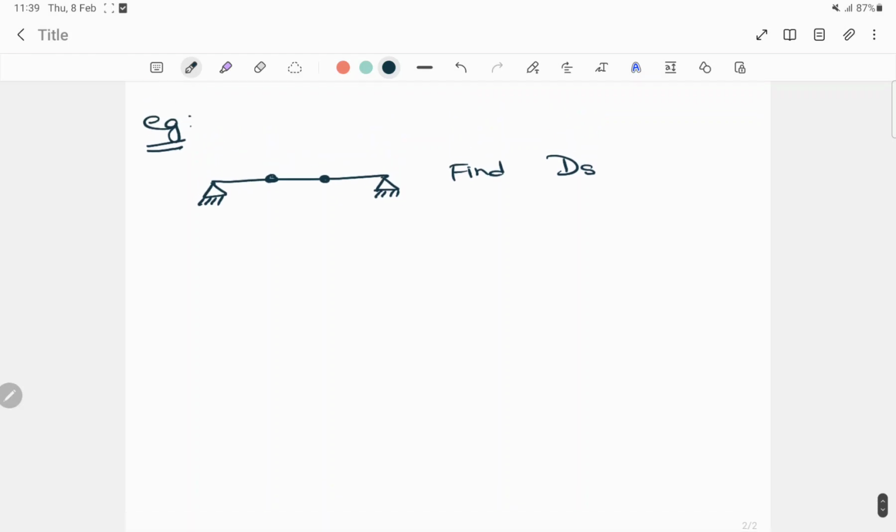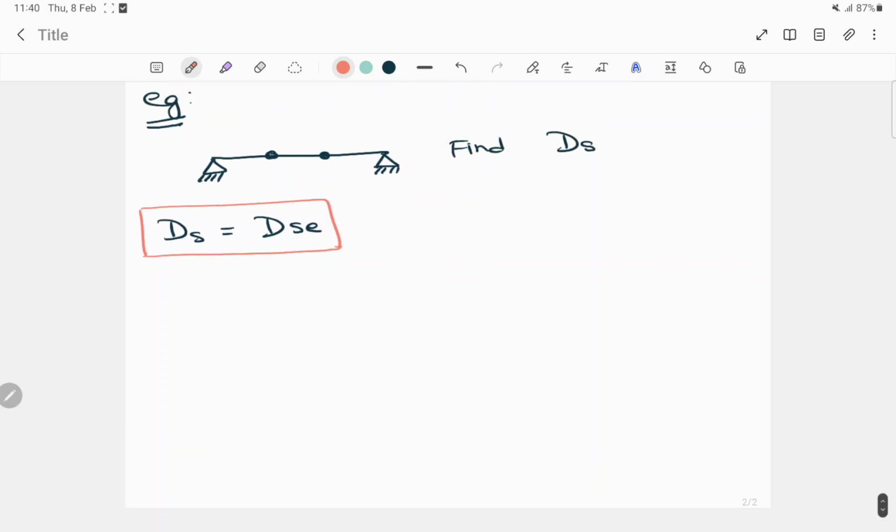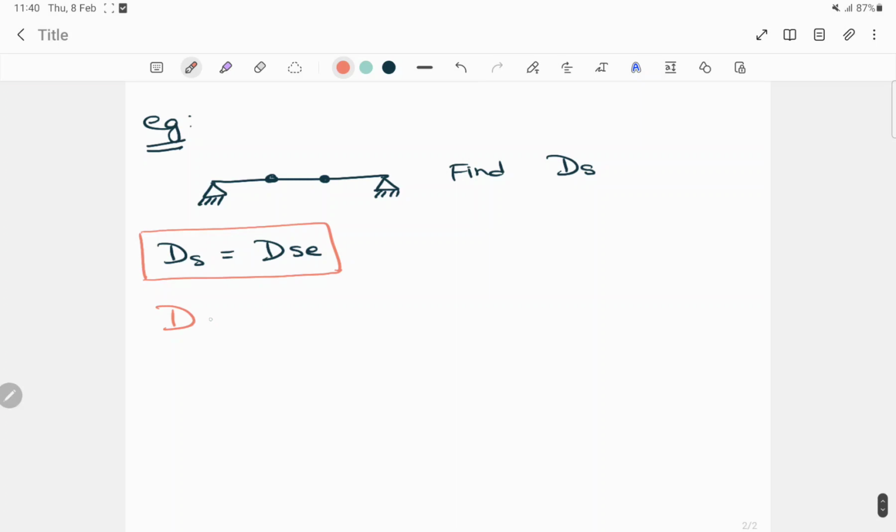So we have a formula Ds is equal to Dse. Okay, so this is the formula for finding the static indeterminacy for beams. We also know that Dse is equal to r minus e minus a. We have this formula with us.